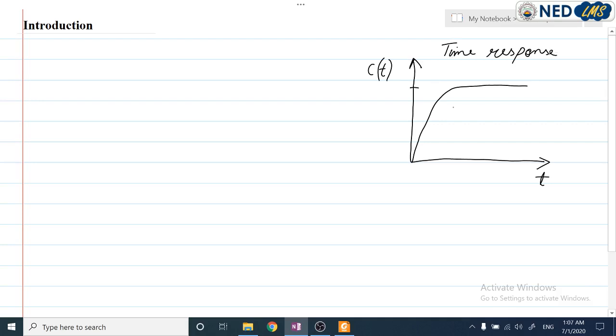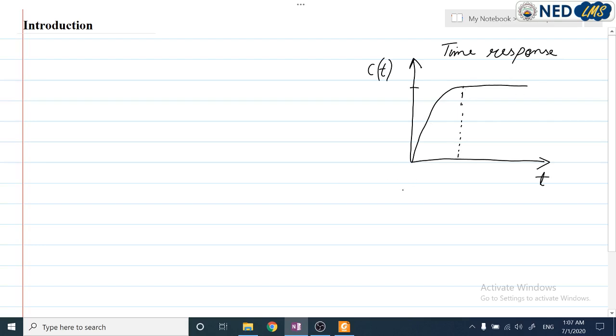And we know that this output response or time response contains two parts, that are the transient part and the steady state part.